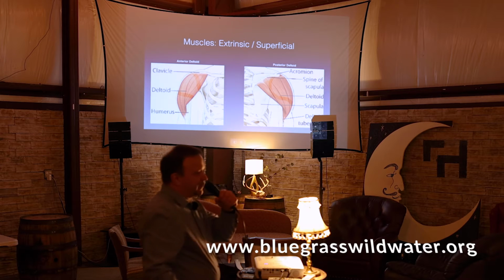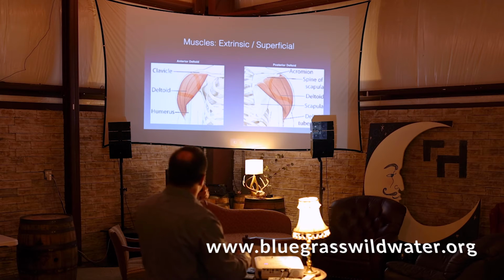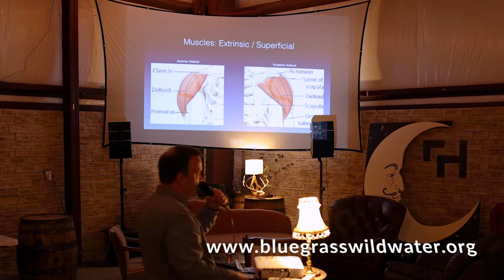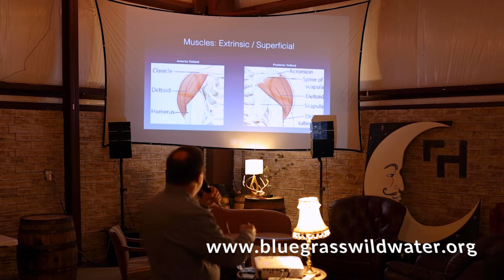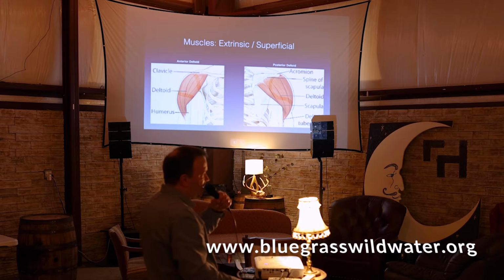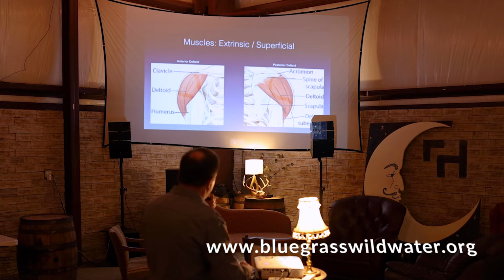The prominent aspect of the shoulder is the deltoid muscle. It forms the round curve of the shoulder, and is responsible for the early part of the abduction of the shoulder.